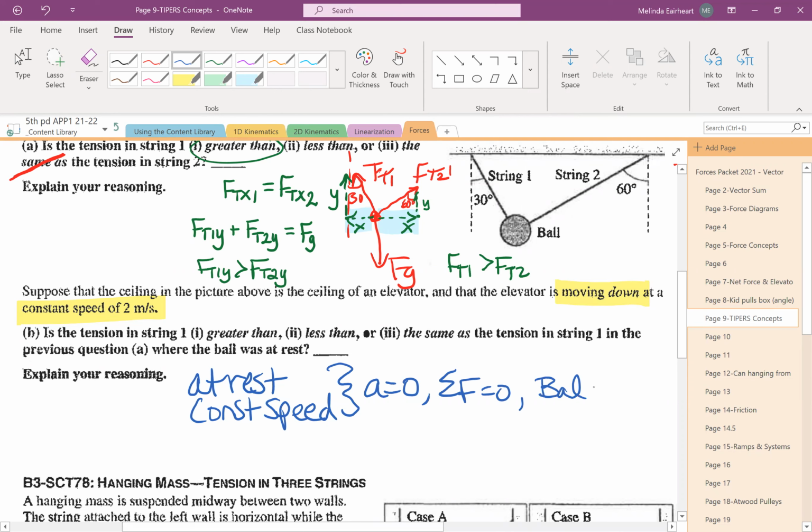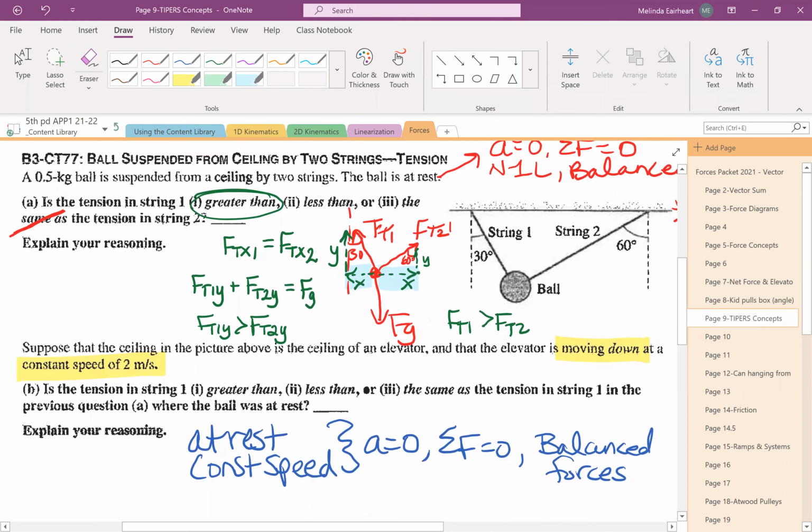And so we got balanced forces going on, right? Newton's first law. Isn't that what we said was true up above? To solve, didn't we balance all the forces? Constant speed, it's as if we're not moving at all, right? And so the final answer would be the same. They're both equilibrium scenarios. Good deal?